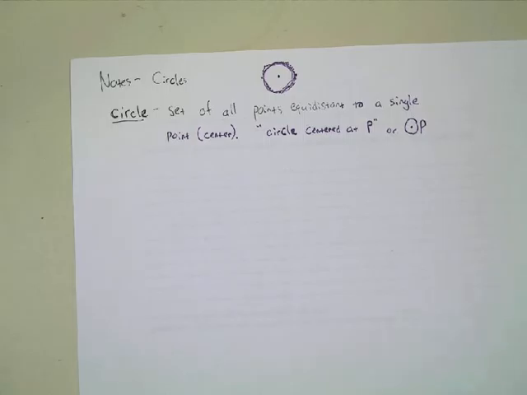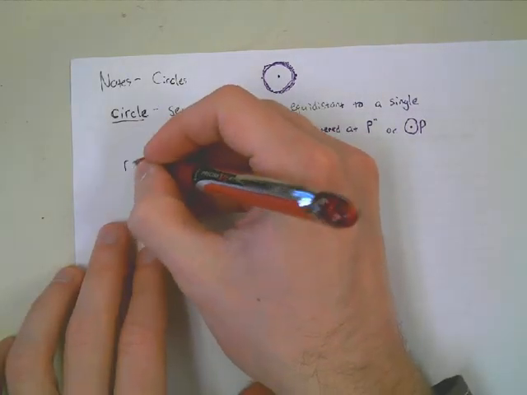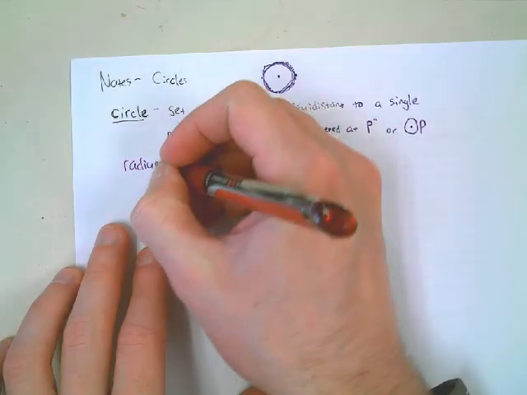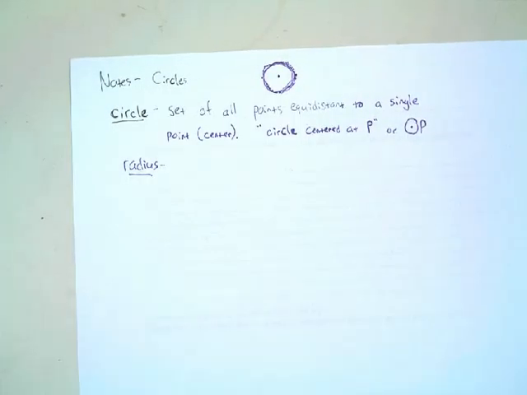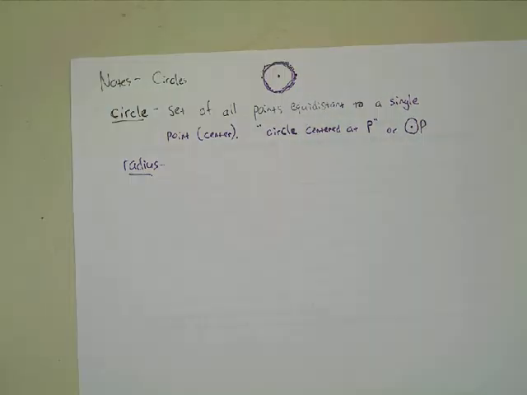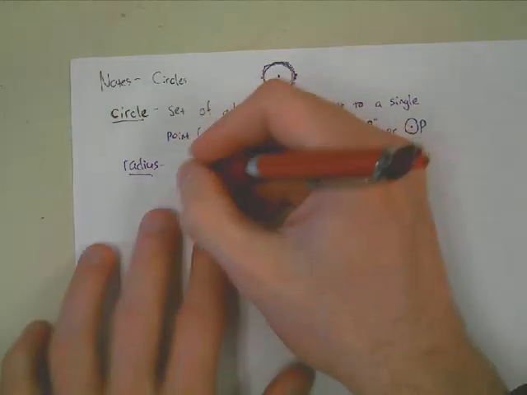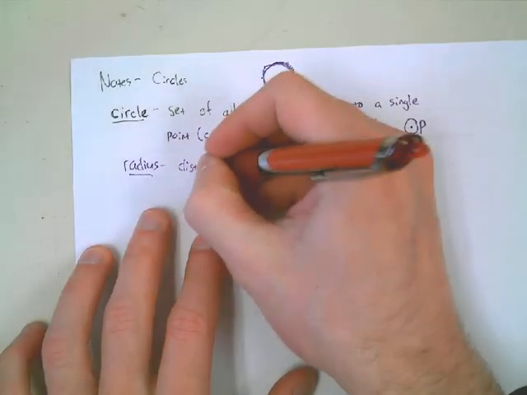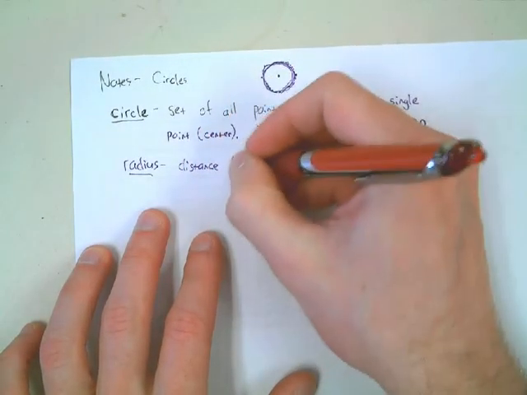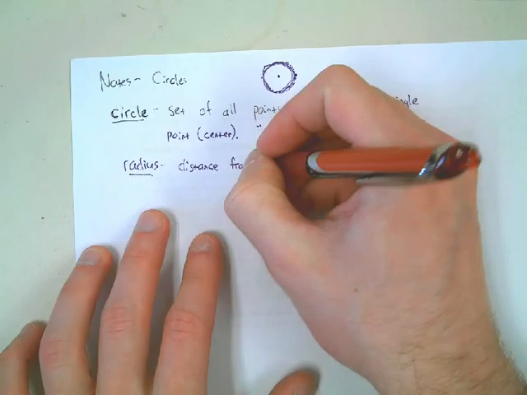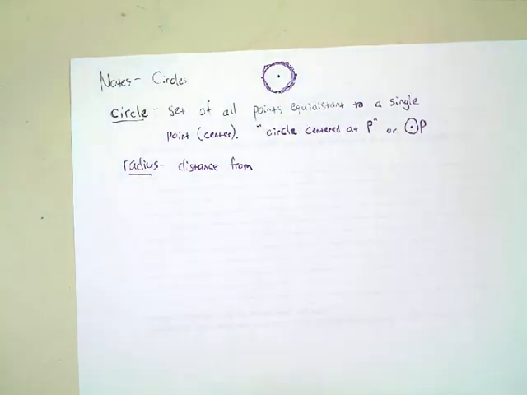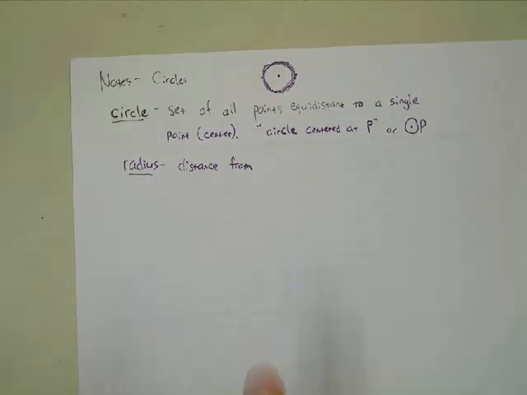Okay, so then we have some other definitions here. For example, the radius. What is the radius? It's the distance from what to what? What points? From the center to a point on the circle.